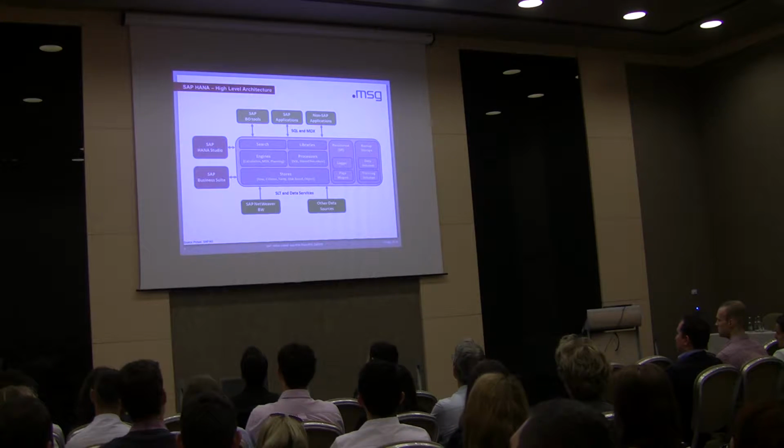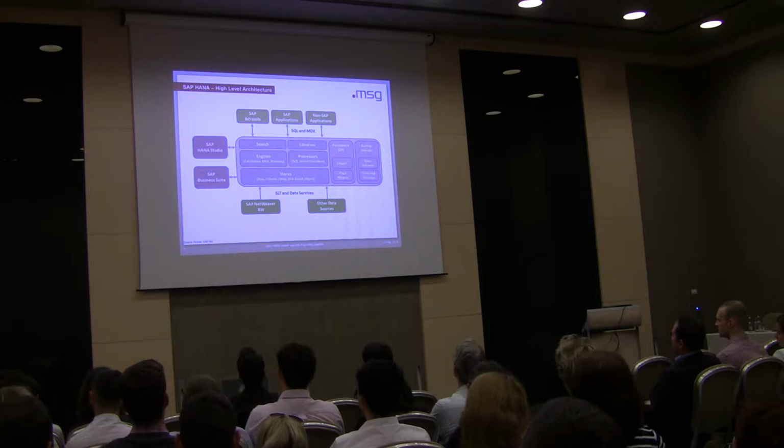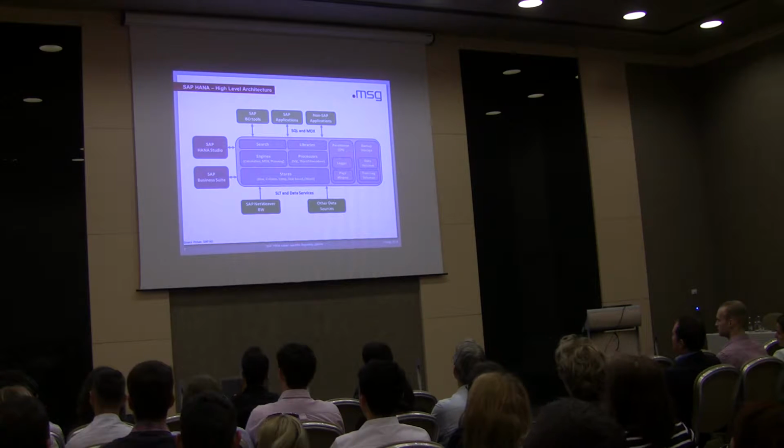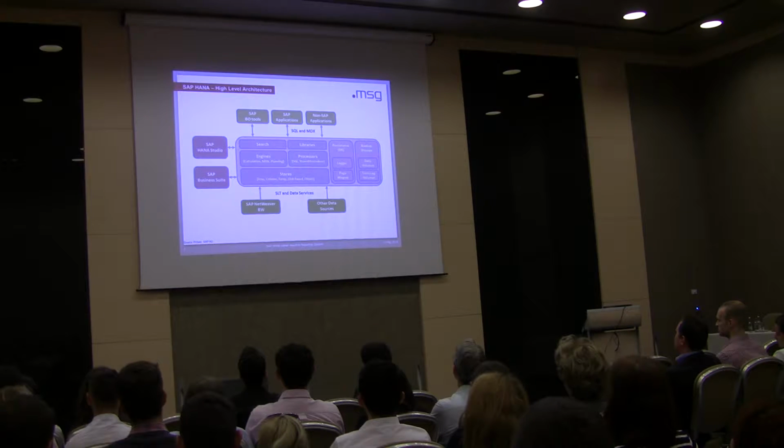Several processors for SQL processing, stored procedure processing, the different stores, the column store where the column-based tables lie, the row store where the row-based tables lie, some other things, of course a persistency component, a backup component, and so on.